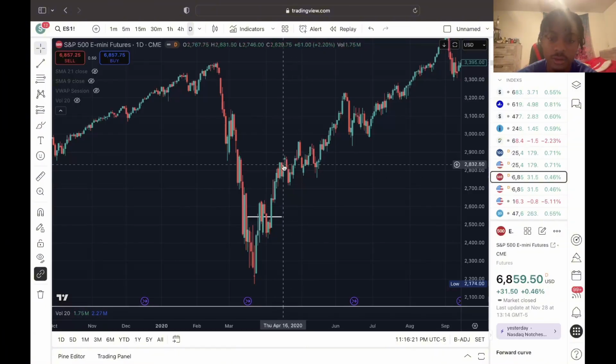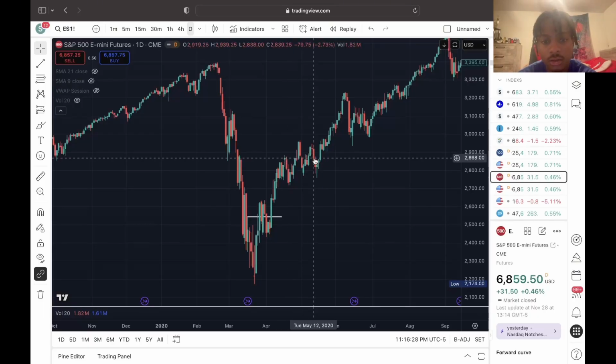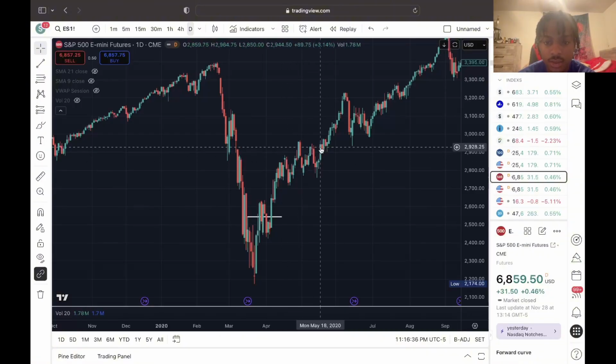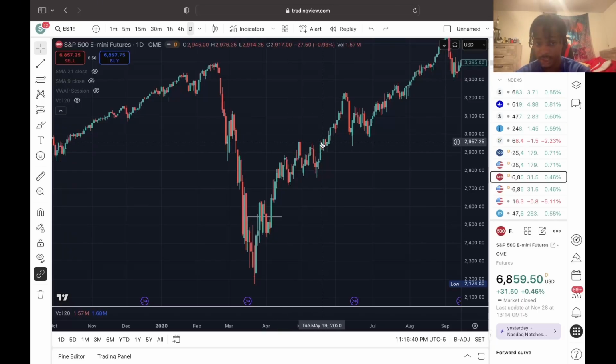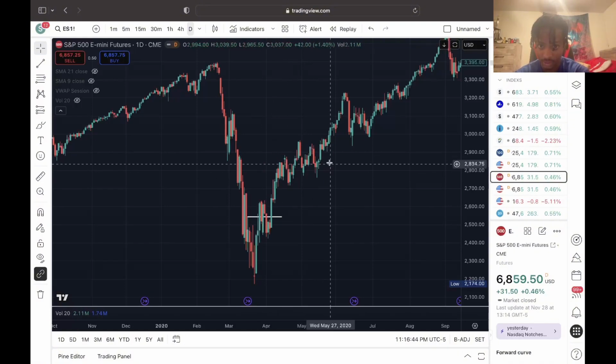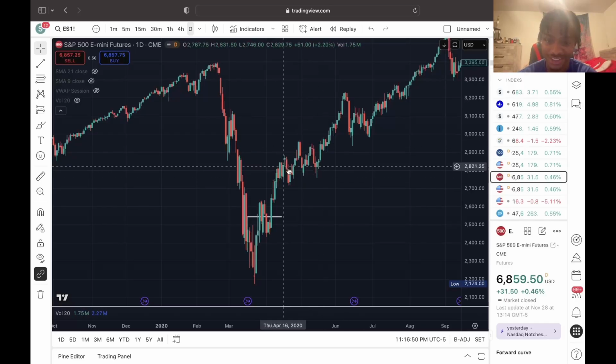So the candles are really just moving sideways, because if you look from this green candlestick right here all the way over to this one right here, we never really left the range of this sideways action until this candlestick. So something I want you guys to keep in mind is that you never want to get involved in trying to trade this. This is going to drive you insane.